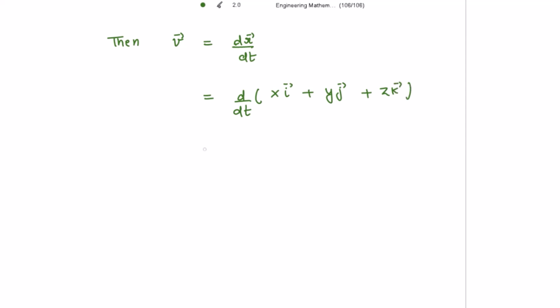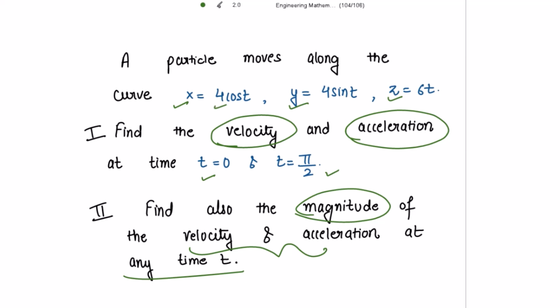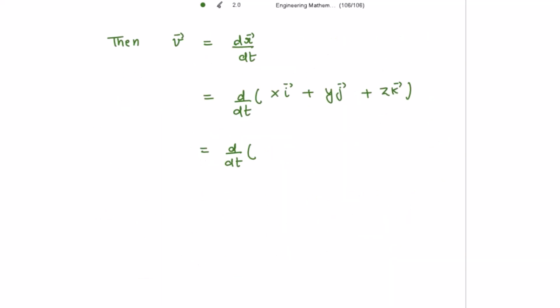This is the position vector. It is given that x is 4 cos t, y is 4 sin t, z is 6t. So writing here for x 4 cos of t i vector plus for y 4 sin of t j vector plus z is given to be 6t k vector.